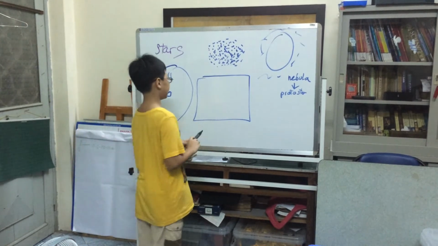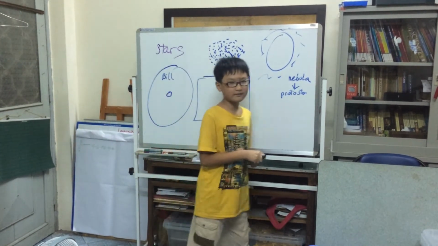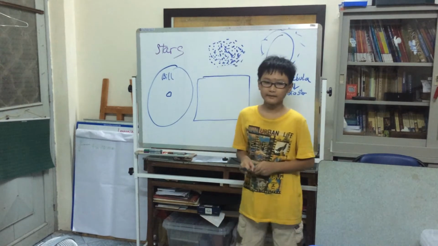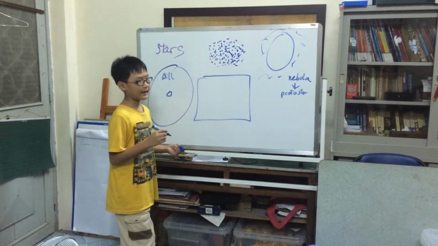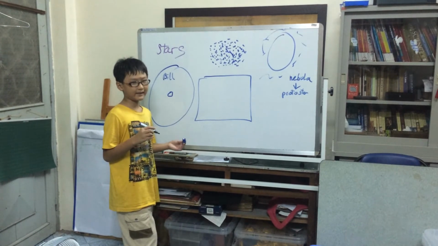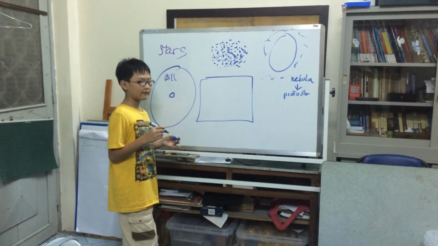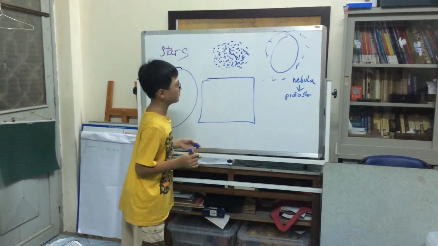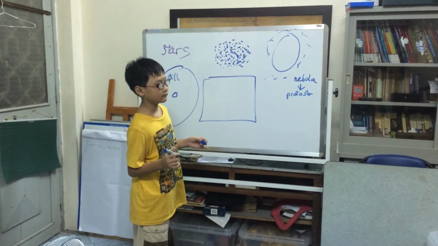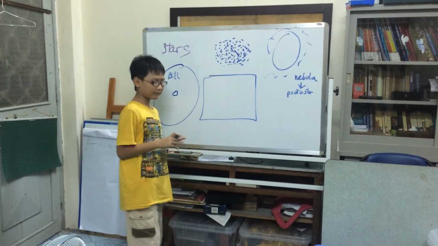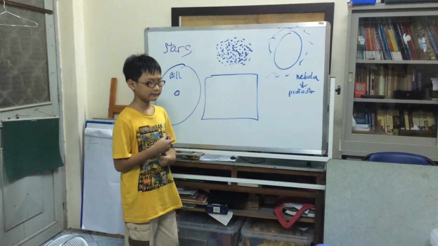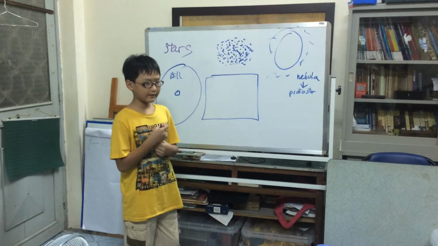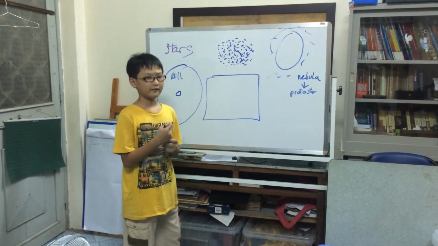Now, hydrogen atoms start to slam into themselves and make helium. And this is incredibly complicated. Now, hydrogen can come together and create a heavier isotope of hydrogen.